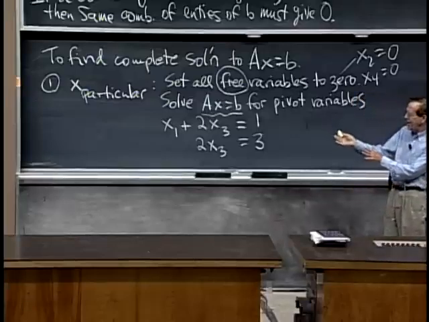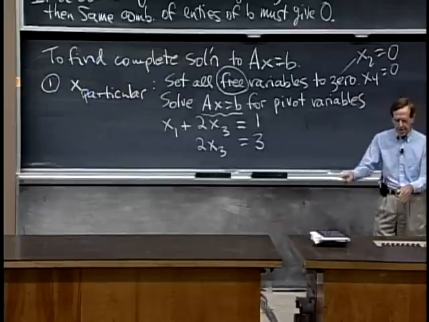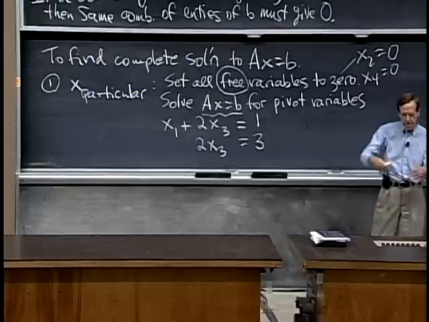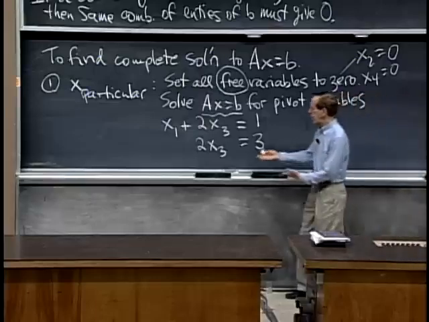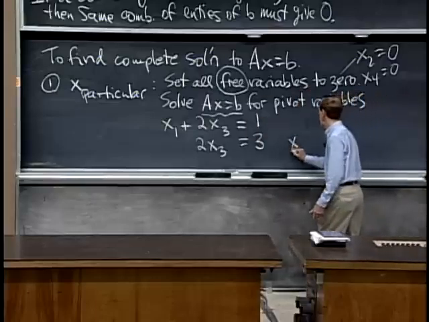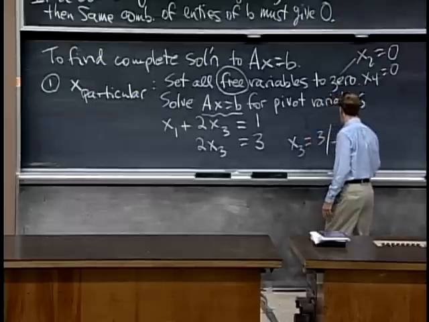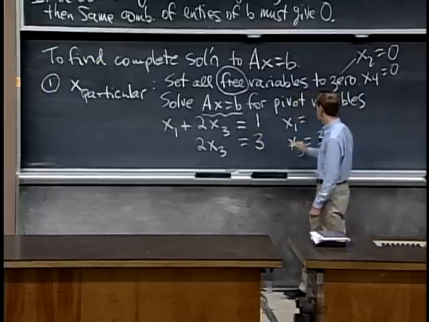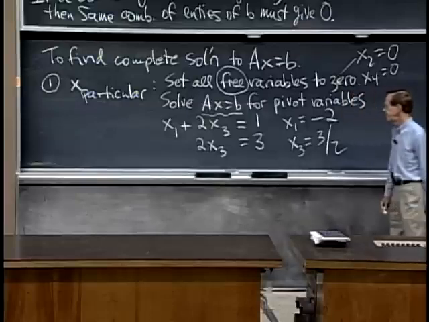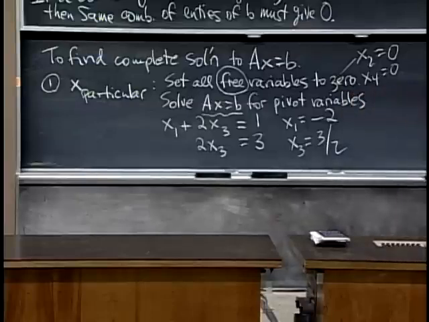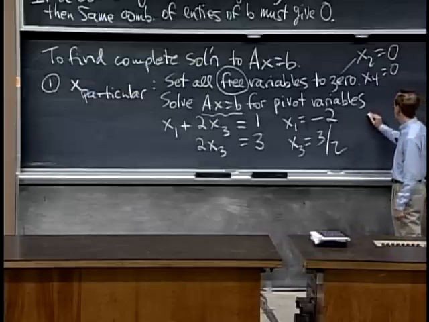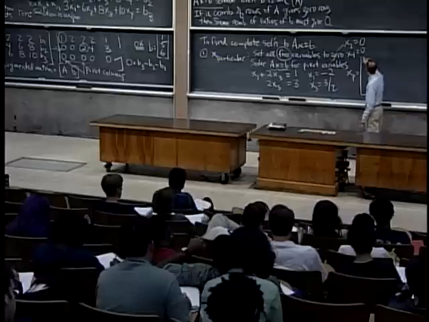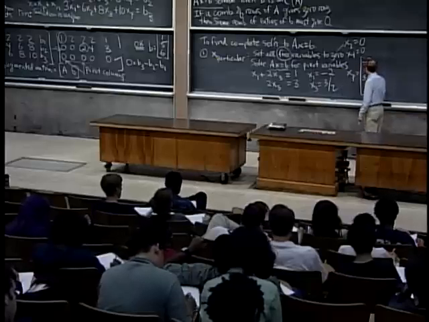I just write it again here with the x2 and the x4 knocked out, since we set them to 0. And you see that we're back in the normal case where back substitution will do it. So x3 is 3/2, and then we go back up, and x1 is 1 minus 2x3, that's minus 2. Good. So now we have the solution. x particular is the vector (-2, 0, 3/2, 0).